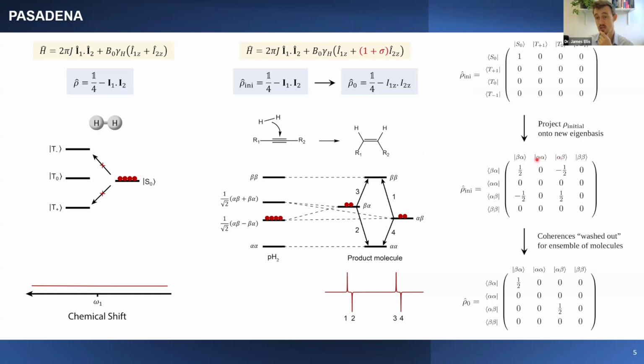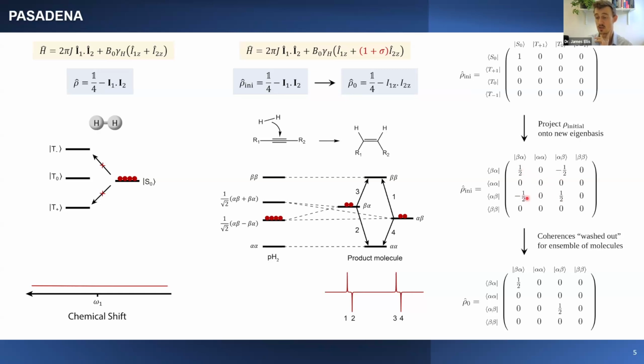And this is a good approximation if the chemical shift difference between the 2 hydrogens is much larger than the J coupling between them. Okay, and in this case, what happens is the state basis changes, and we have half of our population in this beta alpha state and half in alpha beta, and a coherence between those 2.